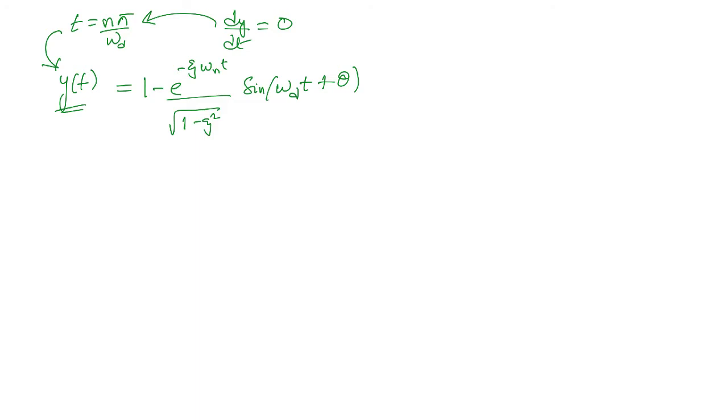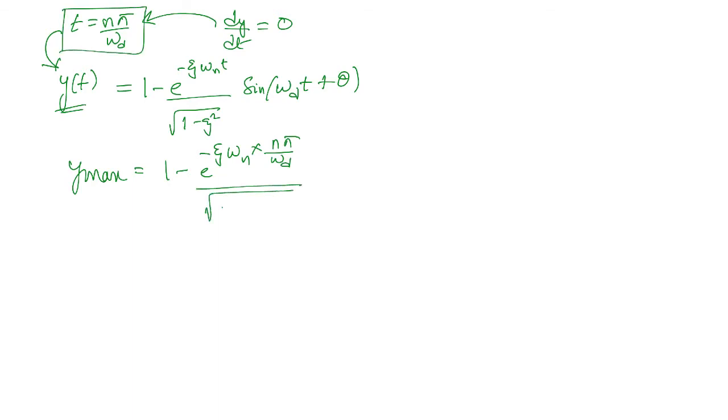Right. So y max will be 1 minus e to the power minus zeta omega n into t. We will write n pi by omega d, substituting the value of t that we got, divided by root over 1 minus zeta square into sine of omega d t, which was n pi, so n pi plus theta.